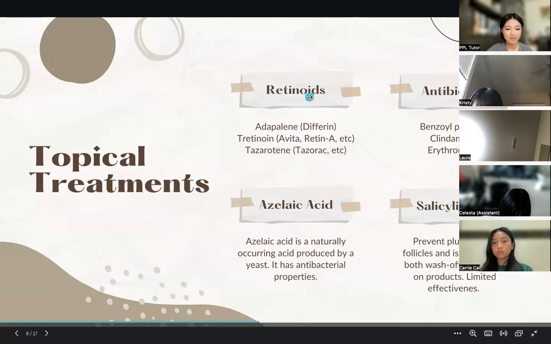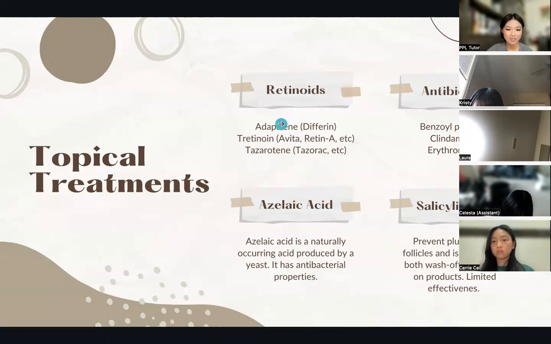So our retinoids are generally adapalene, tretinoin, and tazarotene. So Differin is actually the only brand of adapalene that is available over the counter. I've gone through vials and vials of Differin. It's very, very effective.